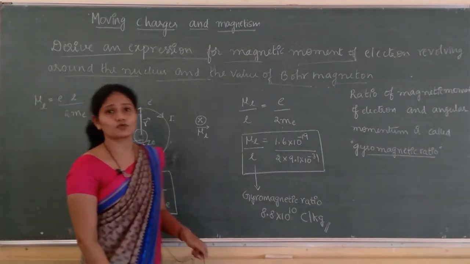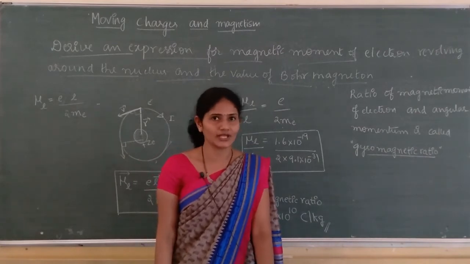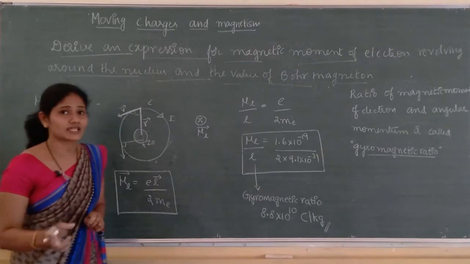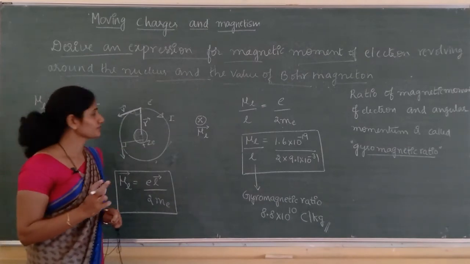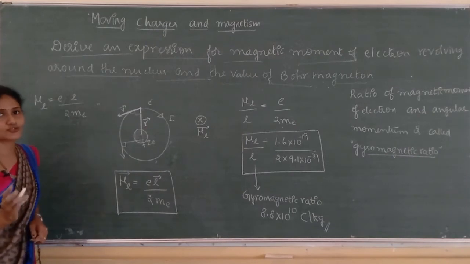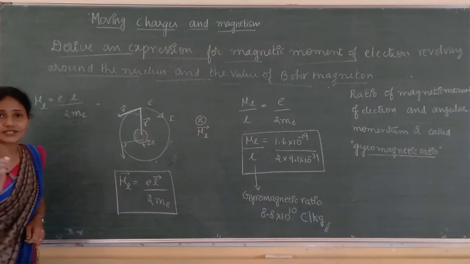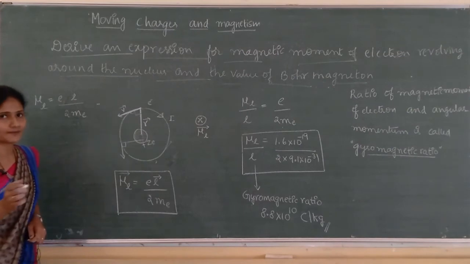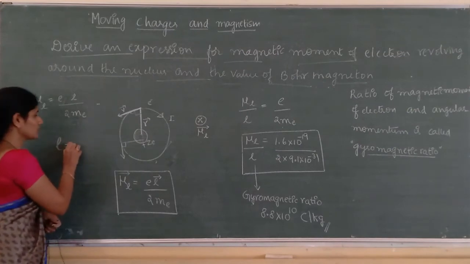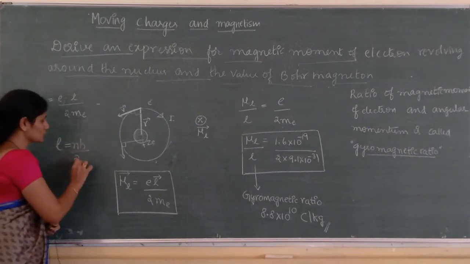According to Bohr's postulates, we have 3 postulates. And according to the second postulate, we know that the angular momentum of the stationary orbit L is the integral multiple of h by 2 pi.